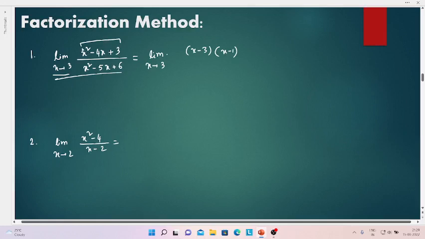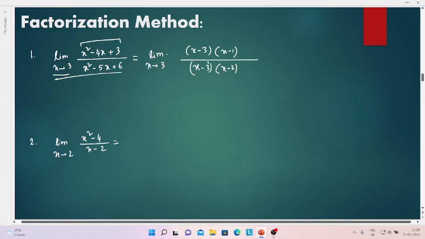I mean, we are just factorizing the polynomial which is x square minus 4x plus 3 as x minus 3 times x minus 1, and on the denominator we can factorize that particular polynomial as x minus 3 times x minus 2. You can see that it will form x square minus 5x plus 6.